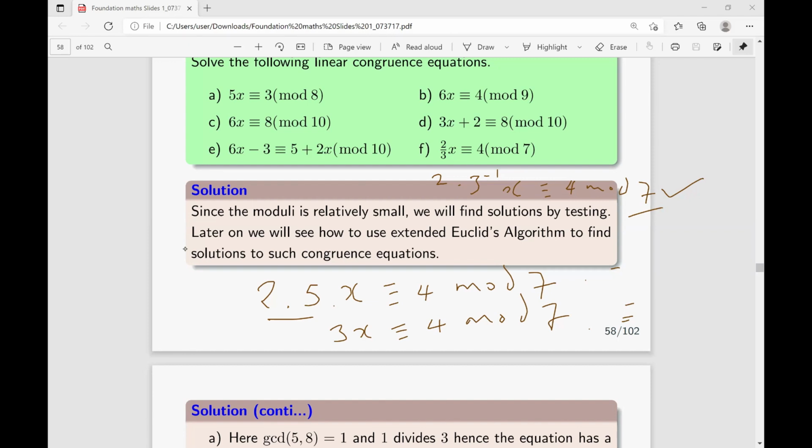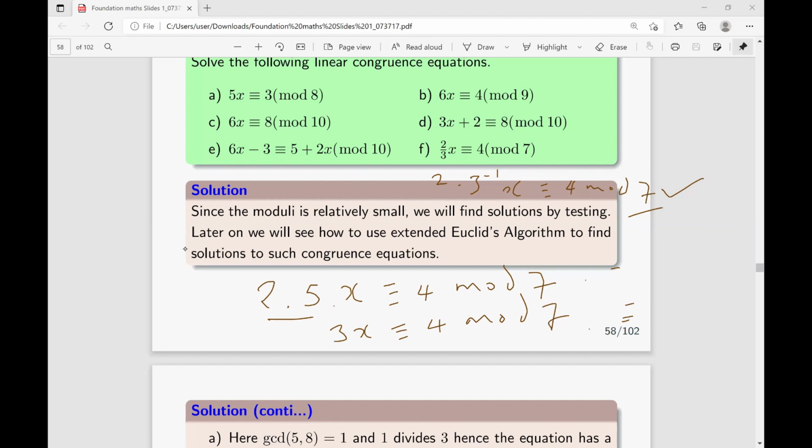Is that okay? You try 5, that's 15, mod 7 that is 1. You try 6, that is 18, mod 7 that is 4. Is that okay? So that means 6 is the answer to this system.